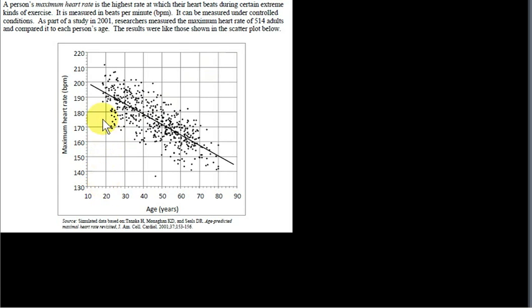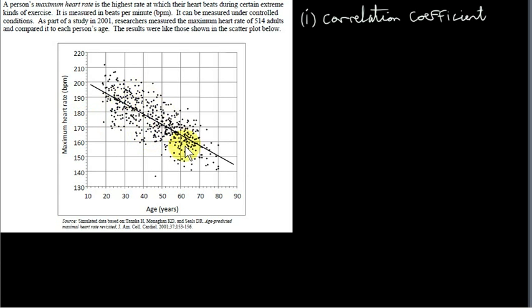We see that the age of this individual is between 18 and 20 years. Each of these dashes represents 2 years. So the age of this individual looks like approximately 19 years, and the maximum heart rate is about 172 to 173 beats per minute.